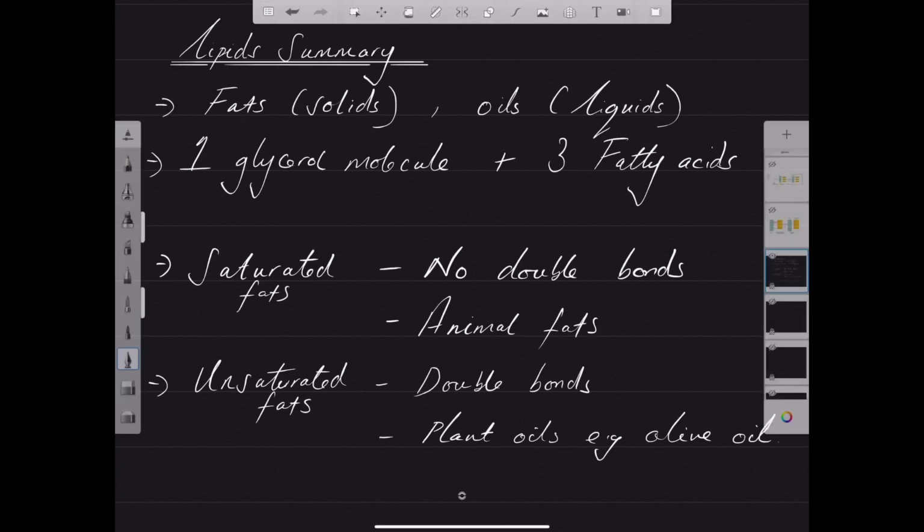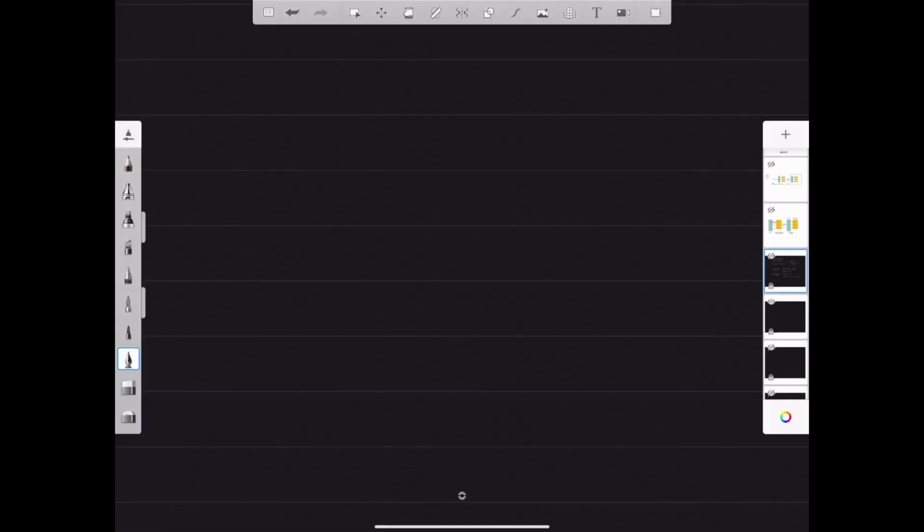Now, another few points that I want you to take down for lipids is that lipids in general, regardless of whether they are saturated or unsaturated, are molecules that are insoluble in water.